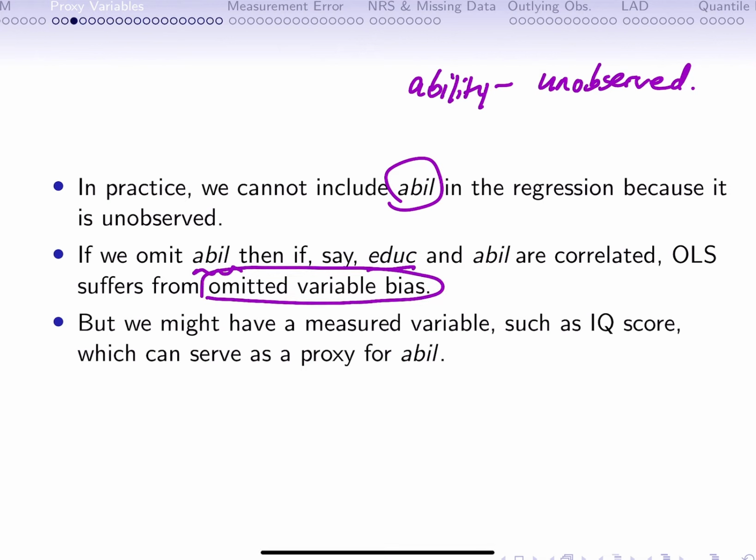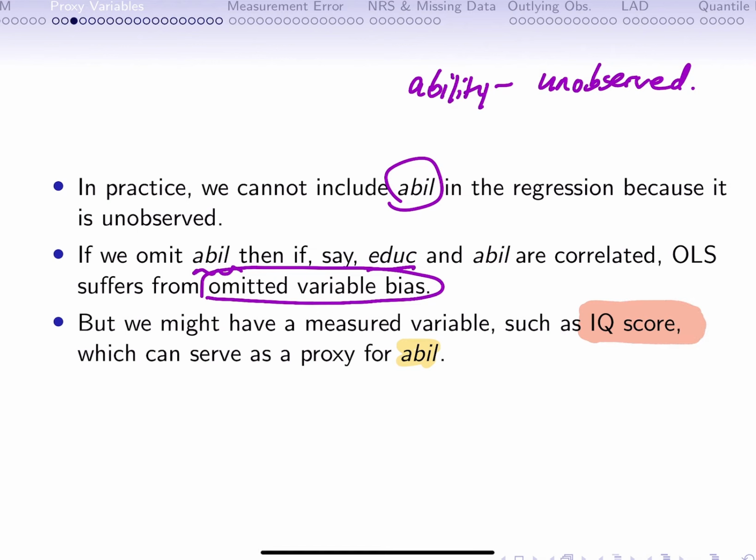So what we can do is introduce something that might be an imperfect proxy, but still a proxy for ability. So something like IQ scores. Maybe we have data on this. I don't believe in that, but yeah, well, sure.